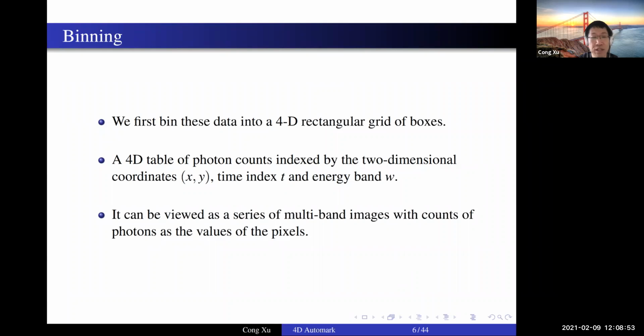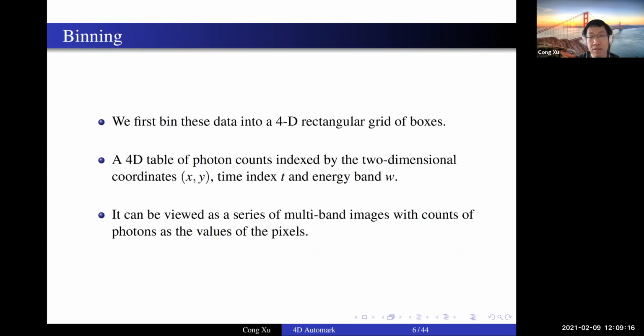Because we have two-dimensional coordinates, it's like an image, and it has different energy bands, so it's a multi-band image. This is just like the RGB image, which has three bands. And we have a series of them because we have time indices.